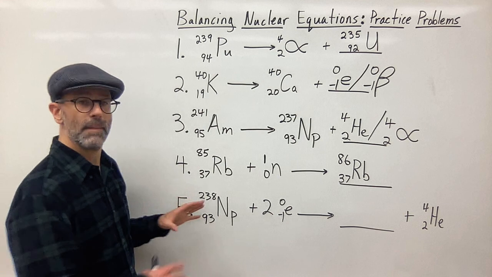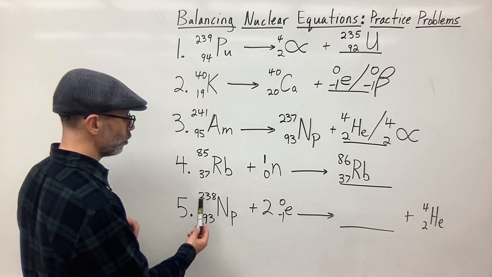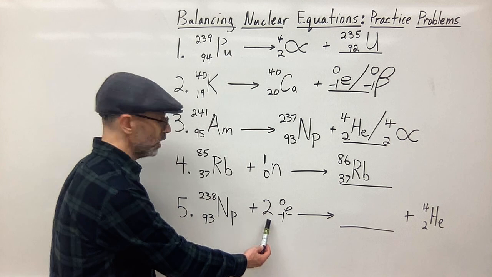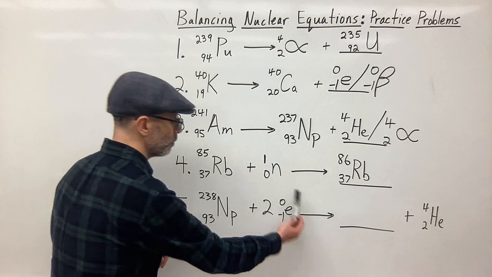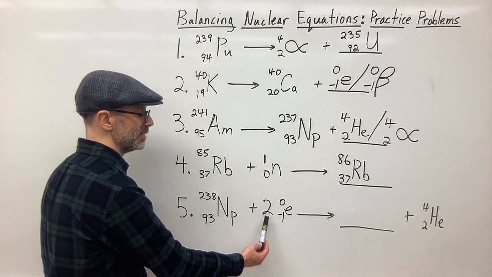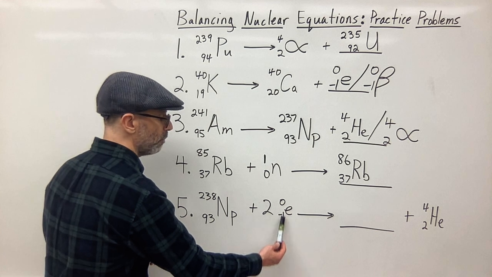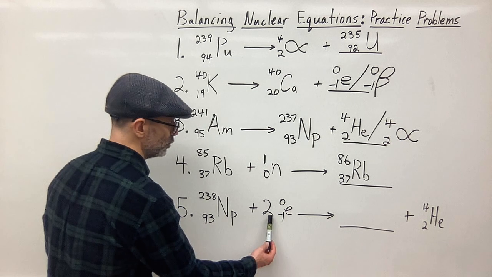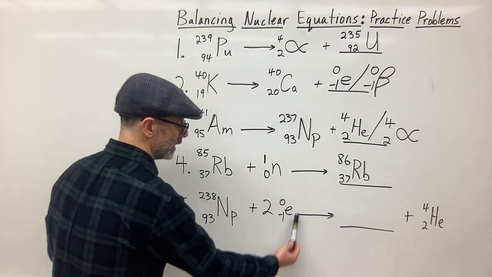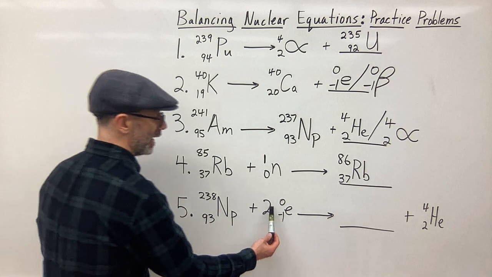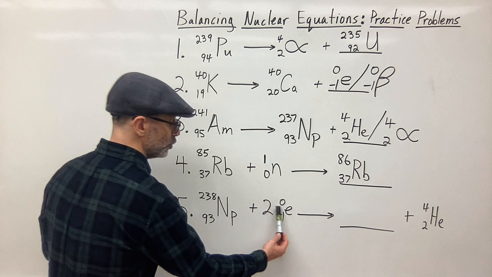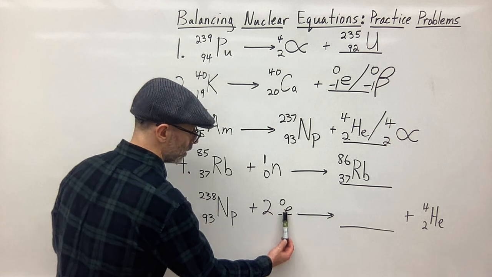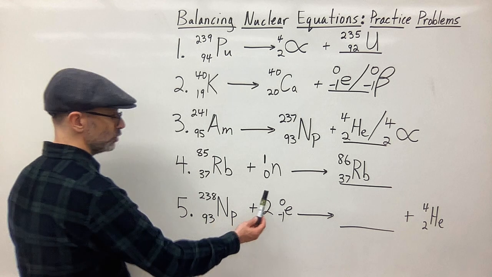Okay, so again, both sides have to be equal. It's very important that if you have a coefficient in front of your particle, then you have to multiply both the top and the bottom by that number. So since I have 2 electrons here, I'm going to have to add 2 zeros to the top, and I'm going to have 2 negative ones on the bottom. So let's do the top.